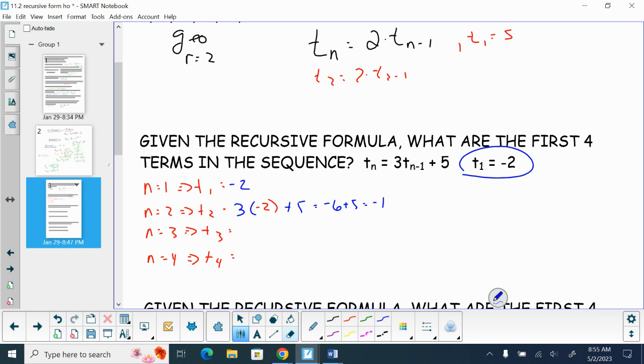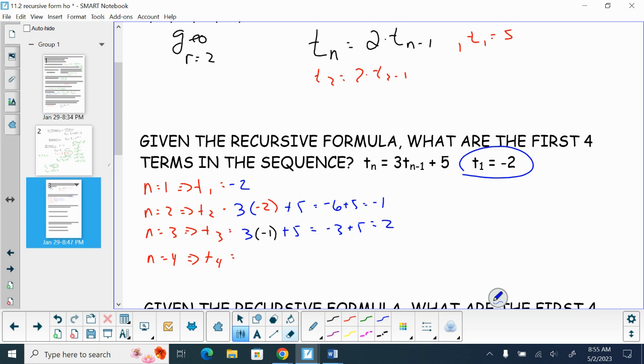To find my third term, we take 3 times our previous term, which is -1, and then add 5 to that. So we have -3 plus 5, which is a value of 2.